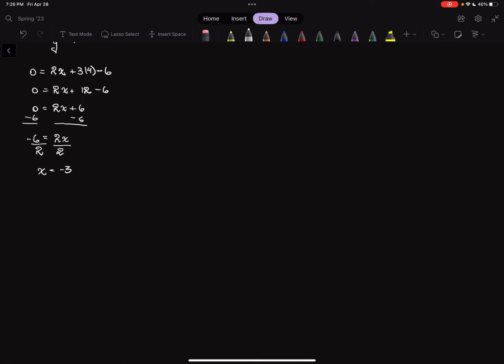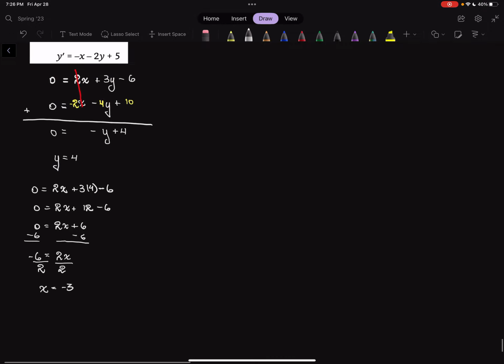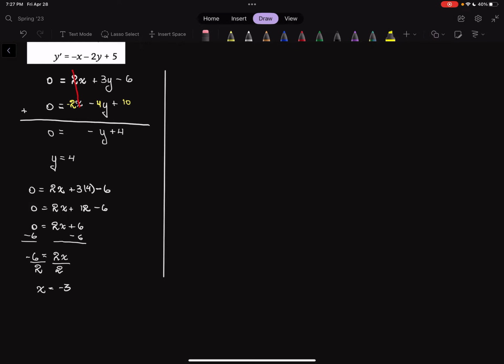So I'm going to write it over here, and I'll make this neat with a divider here. The critical point is negative 3 for our x and 4 for our y.